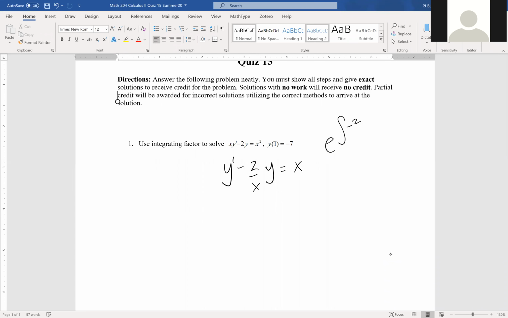I think that would be my problem, because this is plus a negative. It's got to be in the form y prime plus p of x y. Yeah, you didn't get that minus sign.